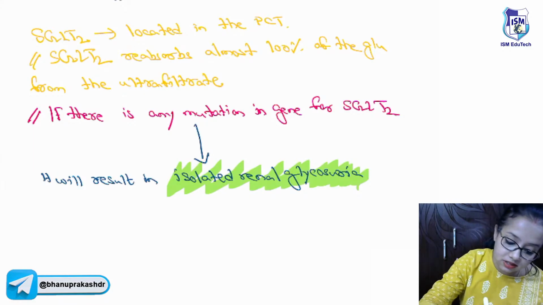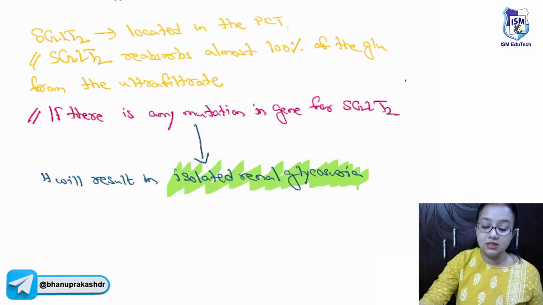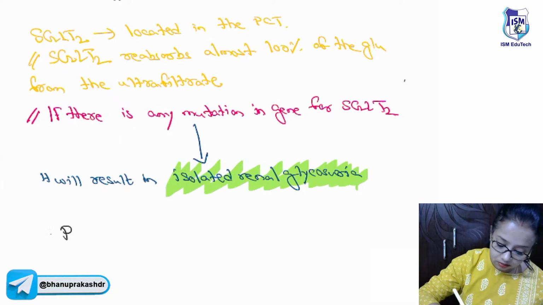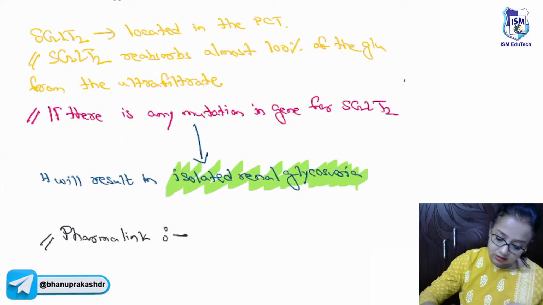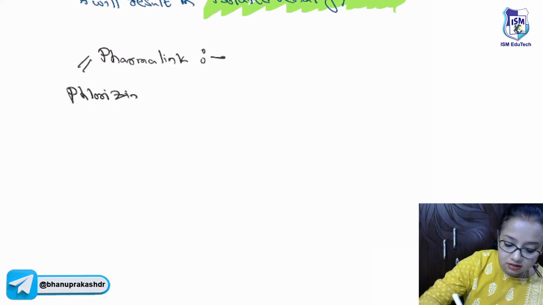Now, there are different drugs which are designed to target this sodium glucose transporter. Like the pharma link to it is that, like phlorizin.